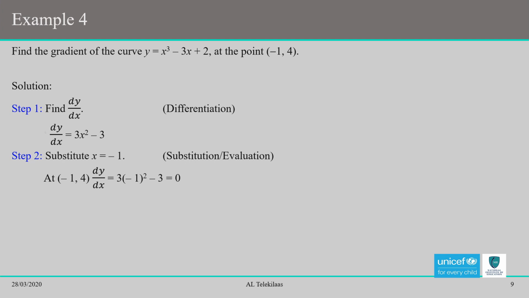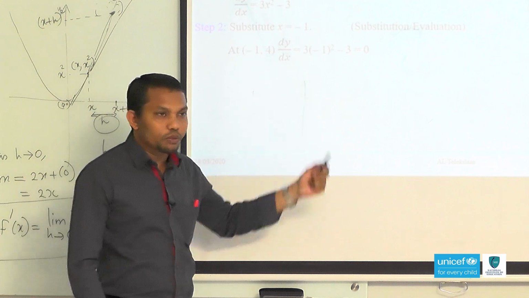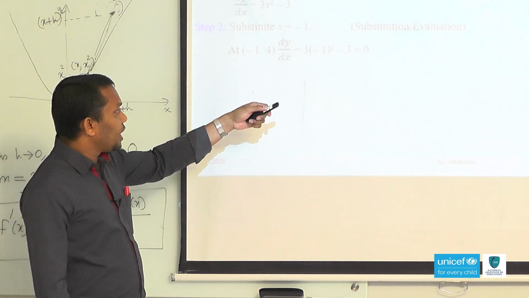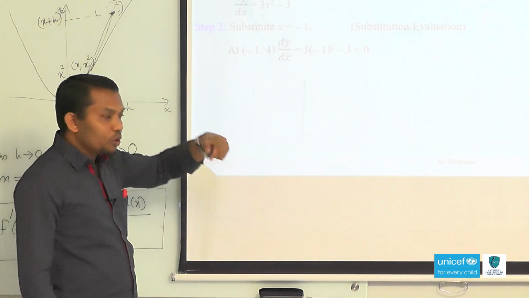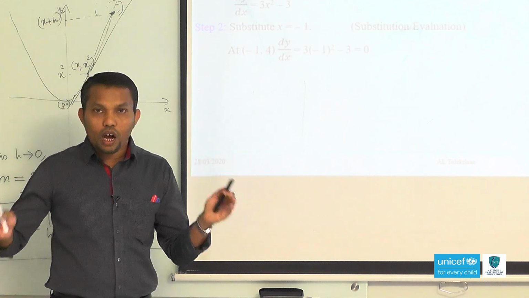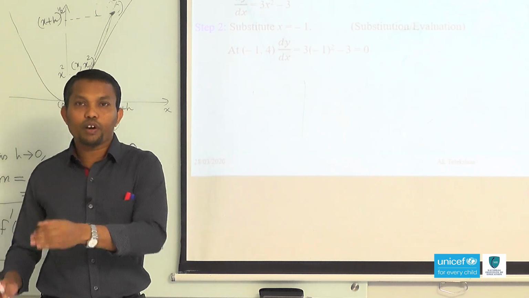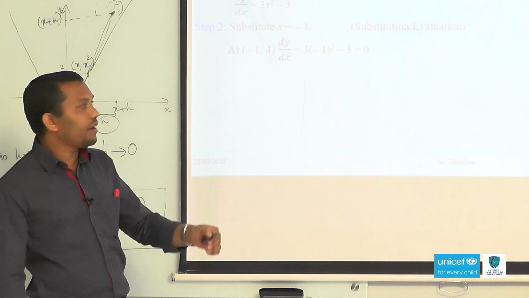In order to find the gradient, the first thing we need to do is differentiate, find the derivative function. As I showed in the first example, we can find the derivative and then substitute an x value of a point on the curve to get the gradient at that point. So, the derivative gives you a function that you can use to find the gradient of the tangent to the curve at any given point.